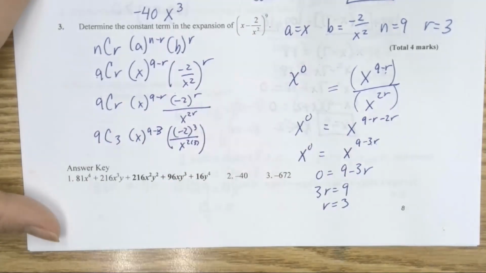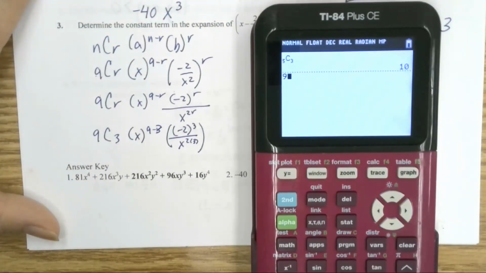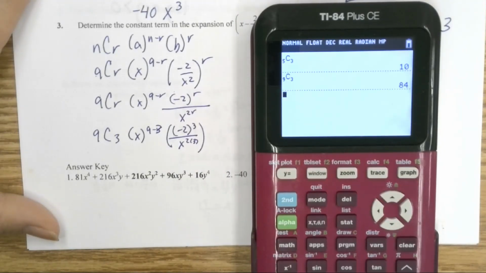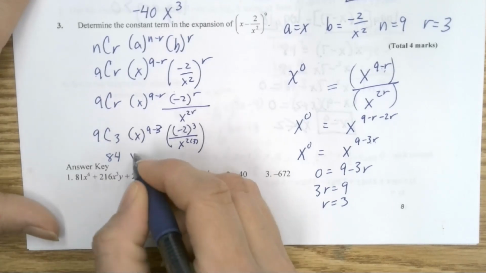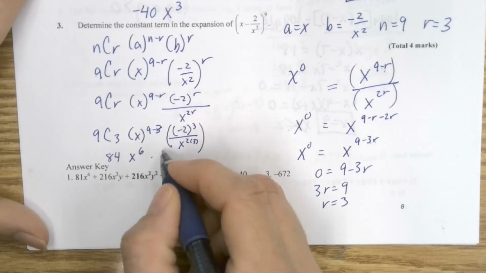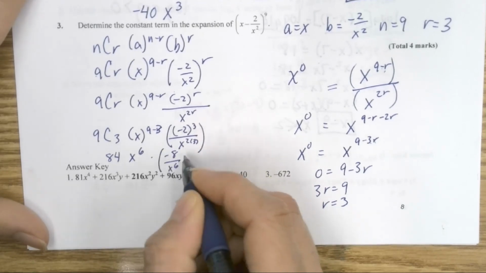And we're going to clean this up a little bit. So we're going to start by finding 9C3. So 9C3 is 84. Here we're going to have x to the 6th power. I have (−2)³, which is a negative 8. And on the bottom, I have an x to the 6th power.